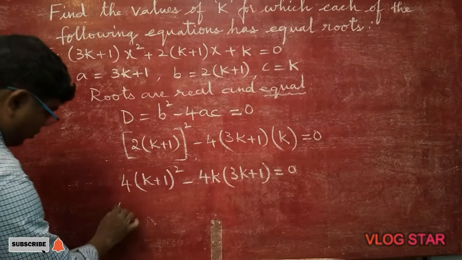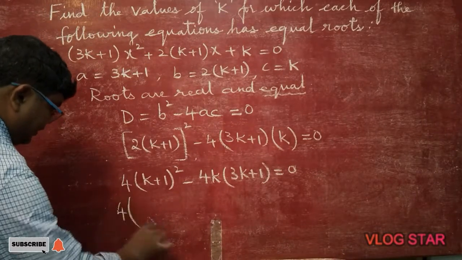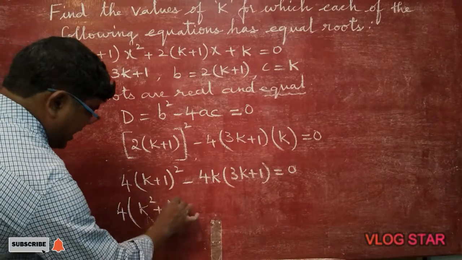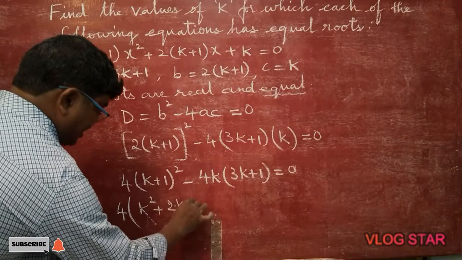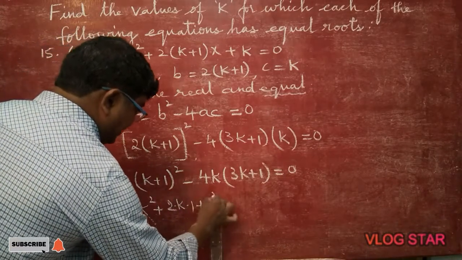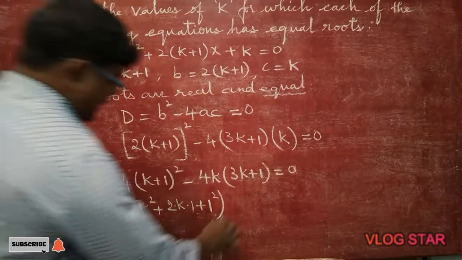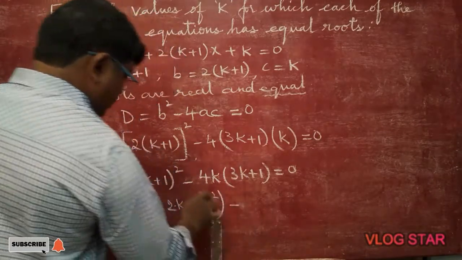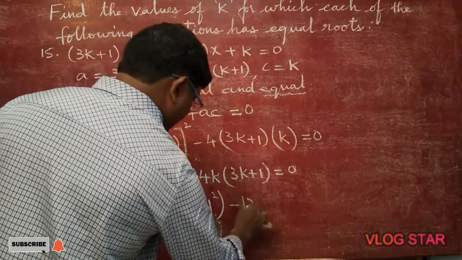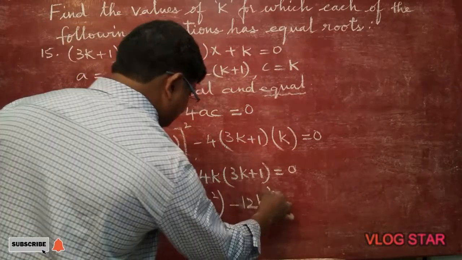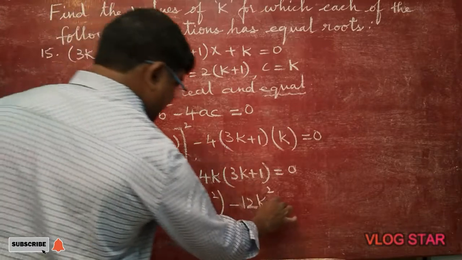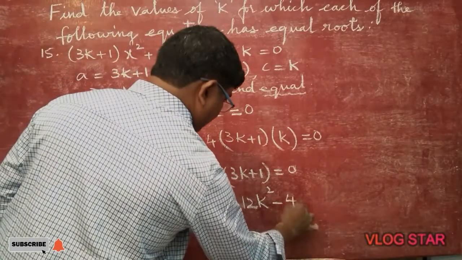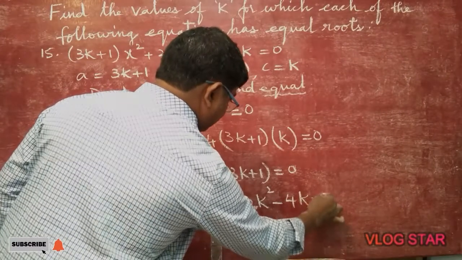Now here, 4 into a plus b whole square formula, a square plus 2ab plus b square, completed. Minus into plus is minus: 4 threes are 12k into k square, minus into plus minus 1, 4k, is equal to 0.